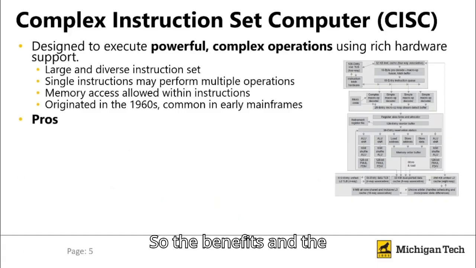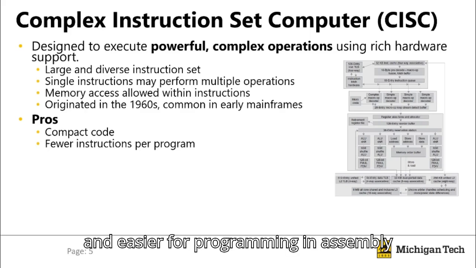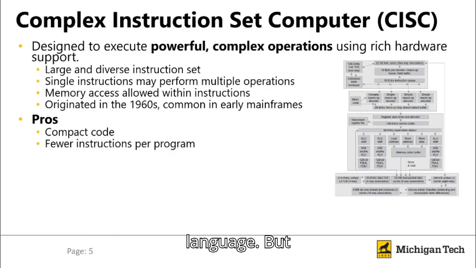So the benefit and the pros was compact code. One instruction can do multiple things. And for the programmer, it was easier, less code, and easier for programming in assembly language.